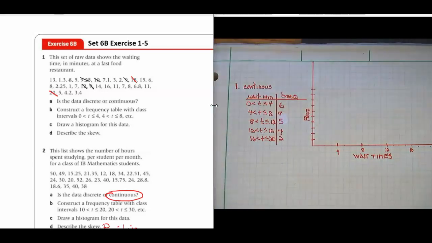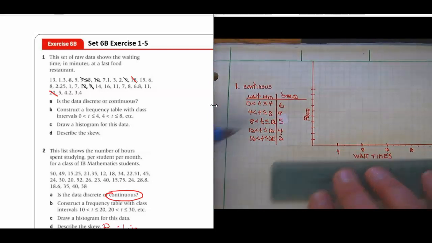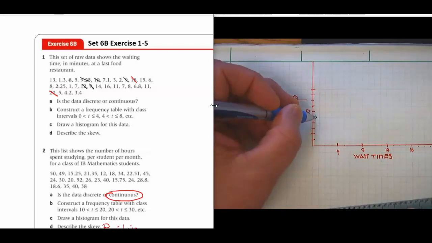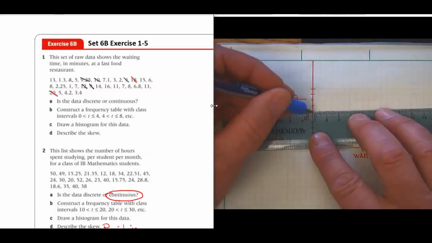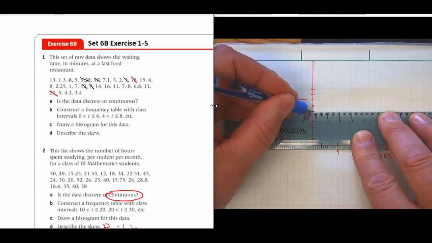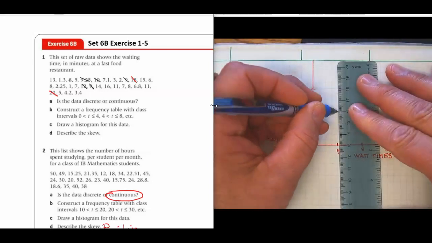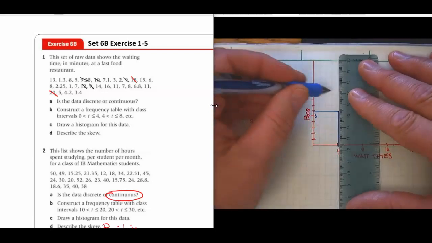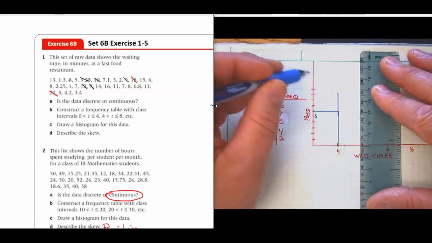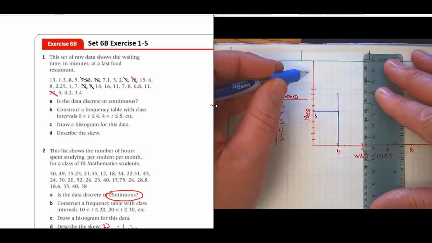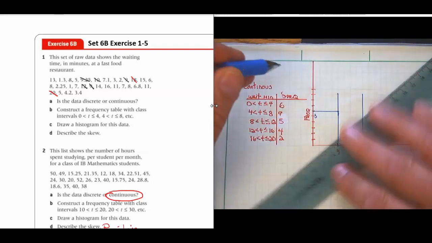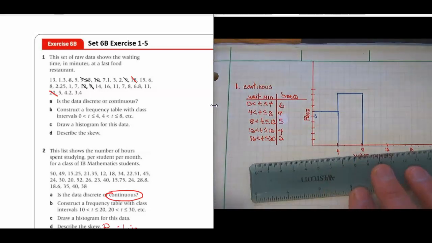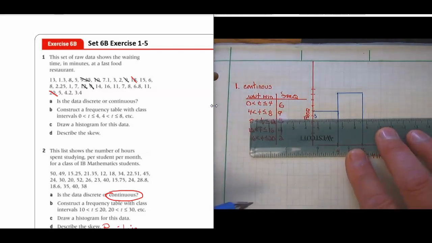So let's see, 1, 2, 3, 4. This is 5. Okay, so my first one, 6. Next one is 9. 5.